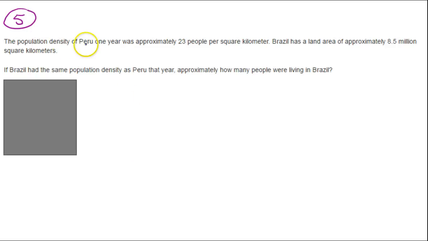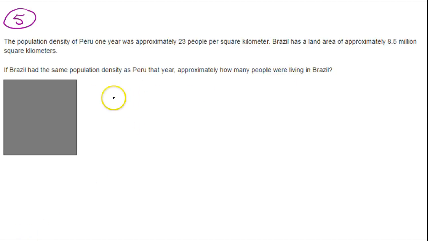The population density of Peru 1 year was approximately 23 people per square kilometer. Brazil has a land area of approximately 8.5 million square kilometers. If Brazil had the same population density as Peru that year, approximately how many people were living in Brazil?